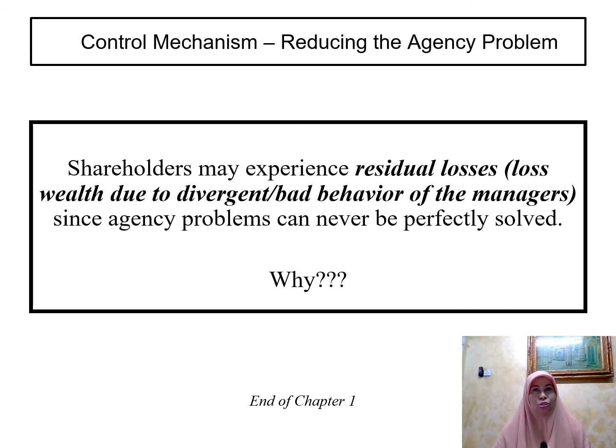So I leave it to you to get the answers. Why, despite having good control mechanisms, is the company still not able to 100% reduce the agency problem, and this matter still happens from time to time.